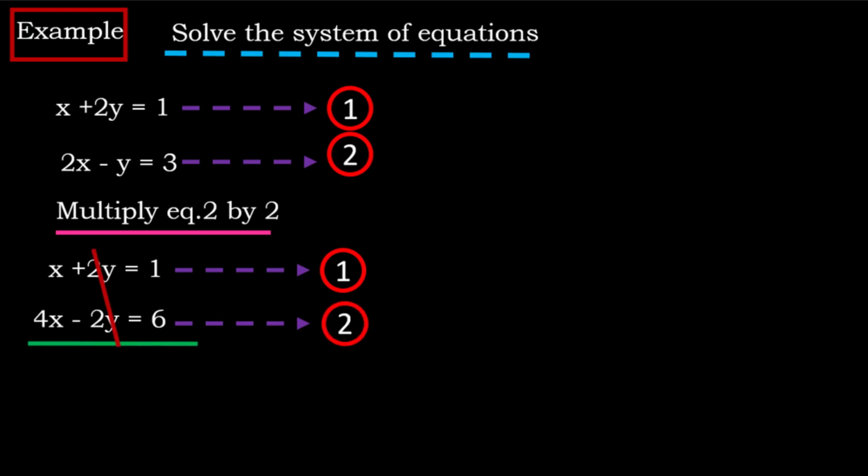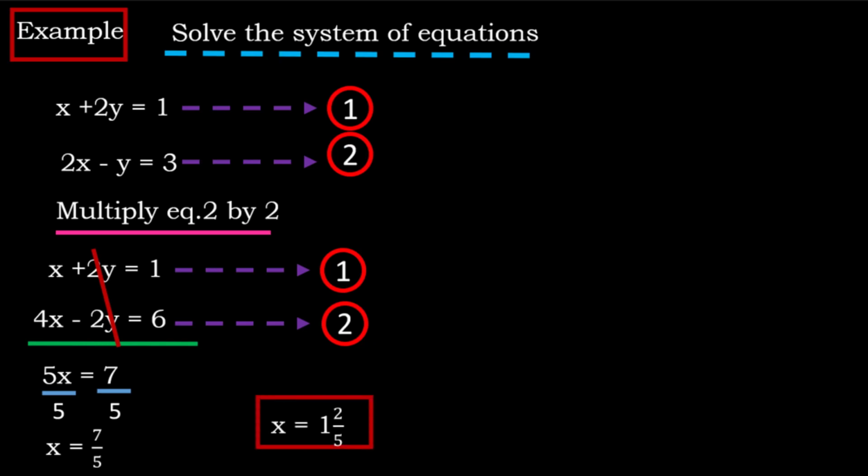Now we can add the two equations, cancel the y variables, x plus 4x will be 5x. 1 plus 6 equals 7. So to find the value of x, just divide by 5, we will get x equals 7 over 5. We can write the improper fraction as a mixed number, x equals 1 and 2 over 5.